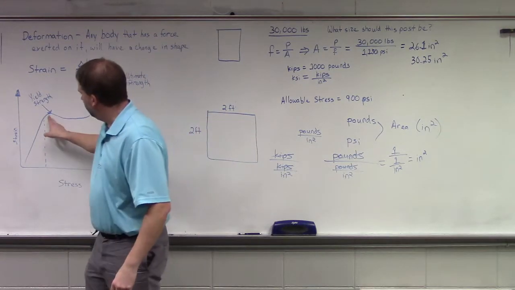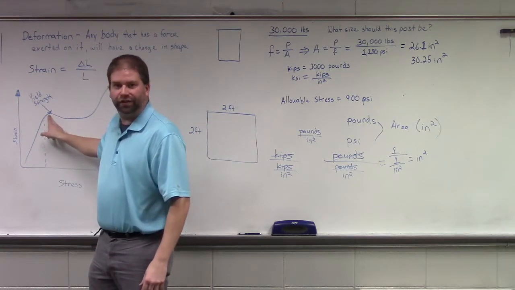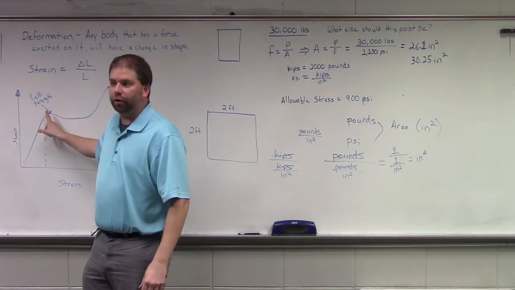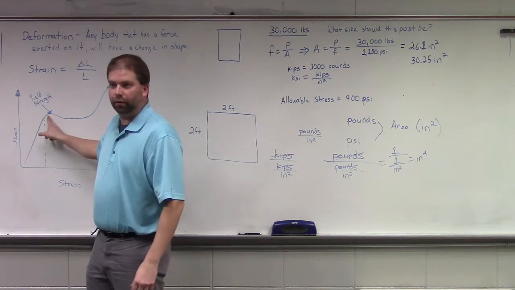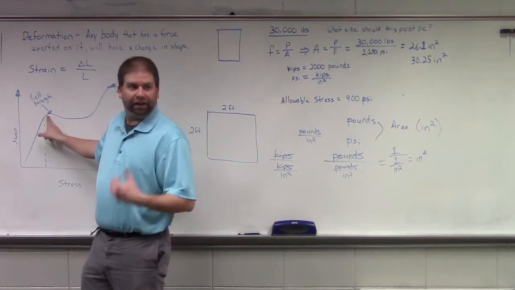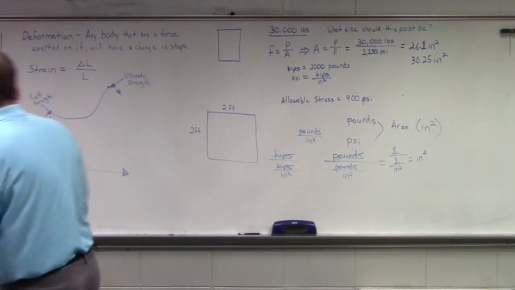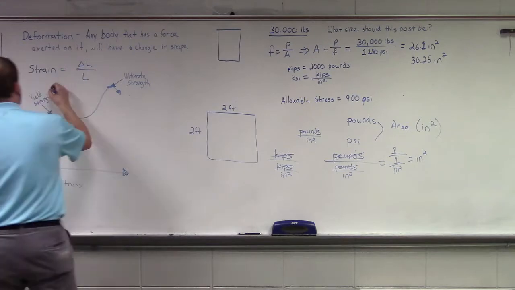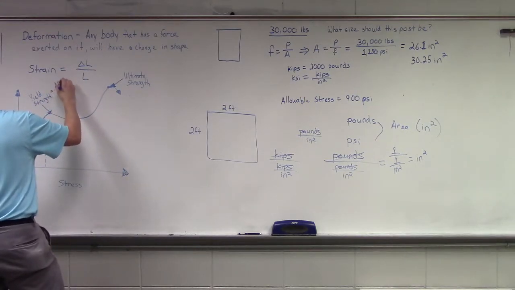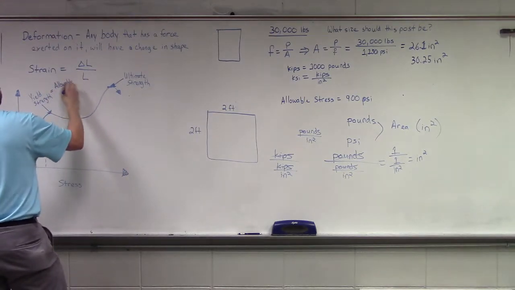So the first point of concern for us is the yield strength. When we're talking about steel and when we're talking about wood, the allowable stress equals our yield strength.